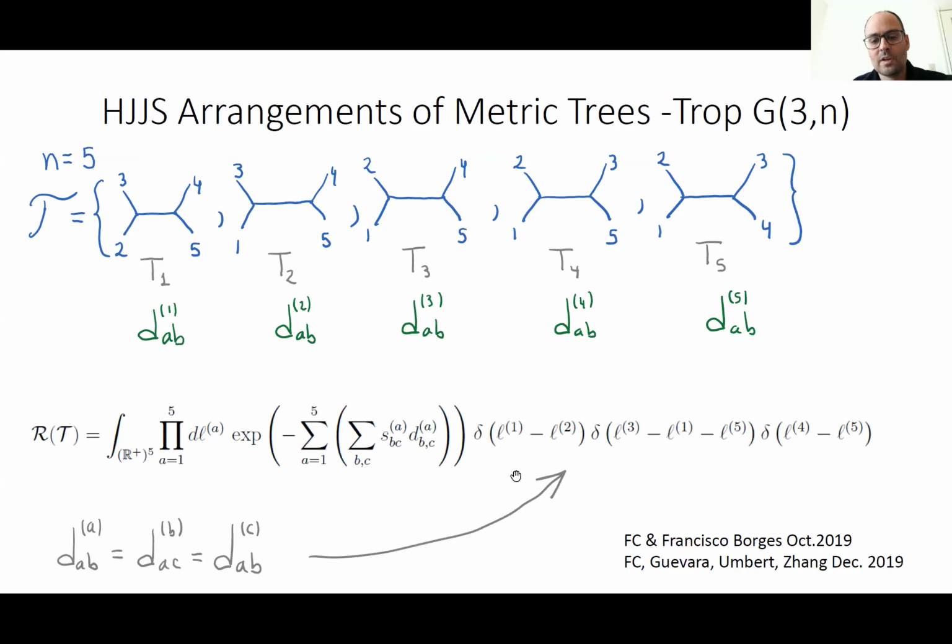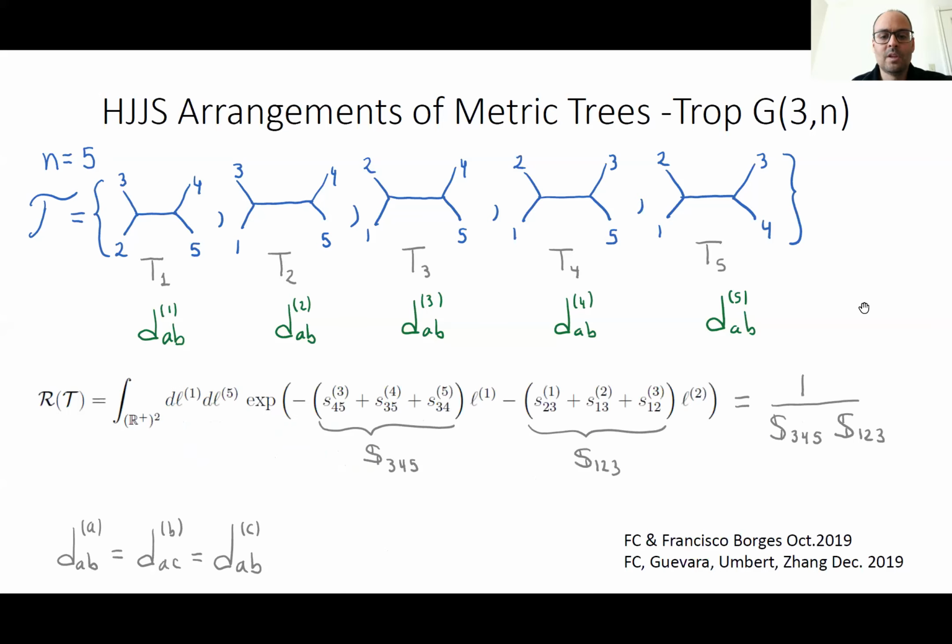And in this particular case, they are imposed by 3 delta functions that force this length to be equal to this one, the fourth to be equal to the fifth, and this equal to the sum of this and the fifth one. Now, imposing those conditions, we can evaluate this function R of t and see what happens.